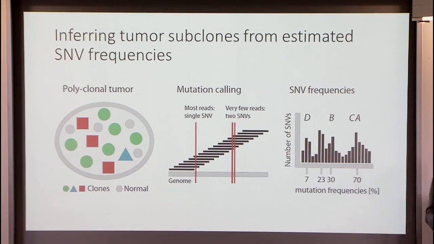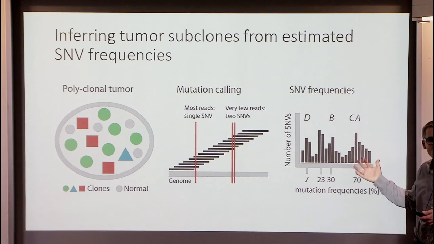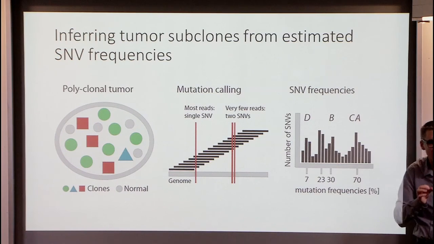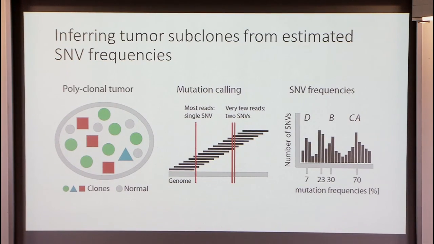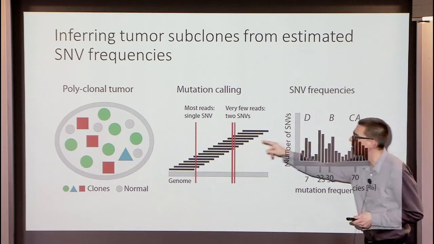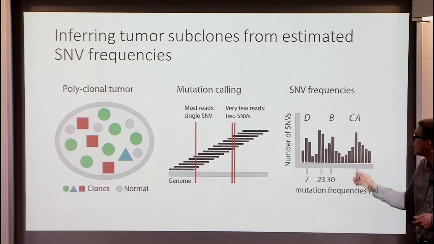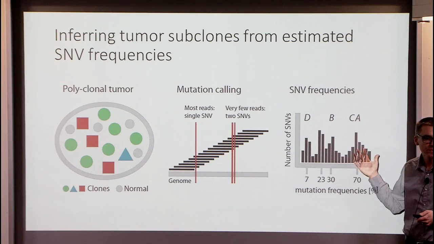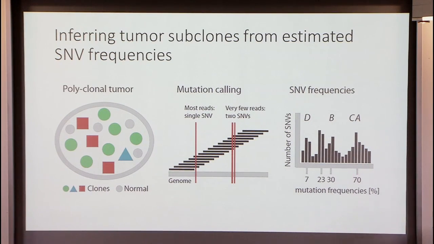My question is, do you account for that, or can you account for it? Well, I would say you have to account for that. I'm just saying that the general approach to get back to the clones from SNVs only, we will later look at the copy numbers, but if you have SNVs only and you want to attempt to reconstruct the clonal composition, then that's what people do. It's a good point. You have to be careful in the region that you're selecting for doing that.